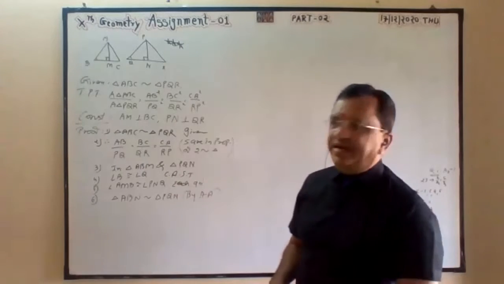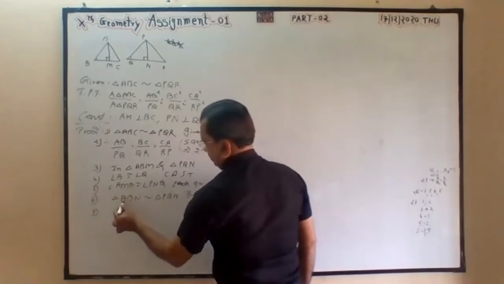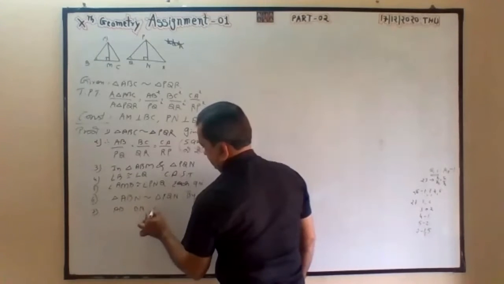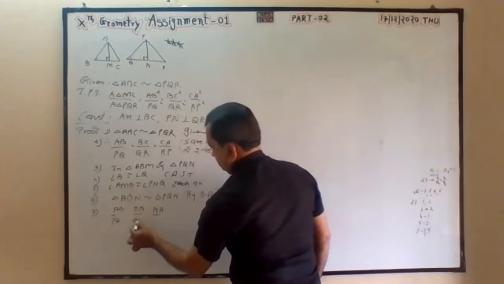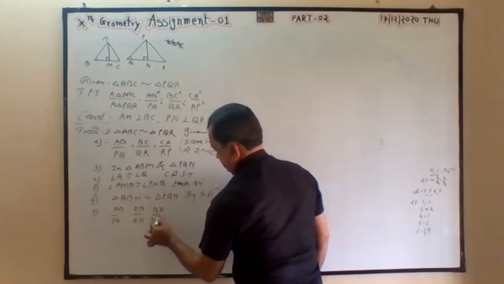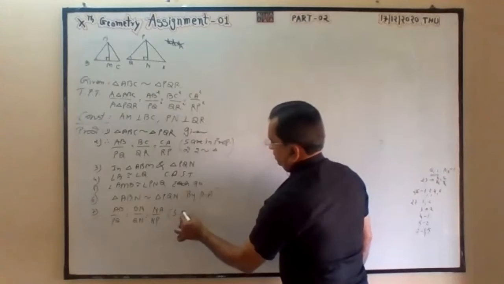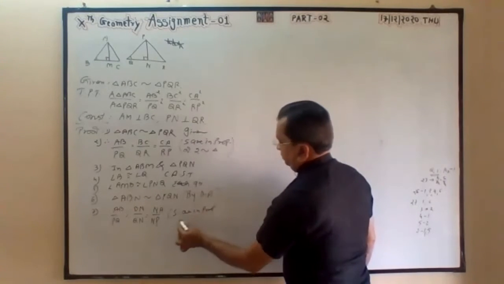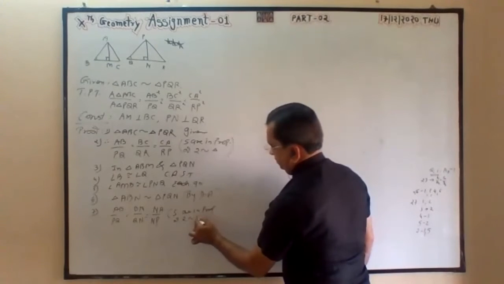Then again we will write sides are in proportion: AB, BM, MA over PQ, QN, NP, the same. Sides are in proportion for two similar triangles.